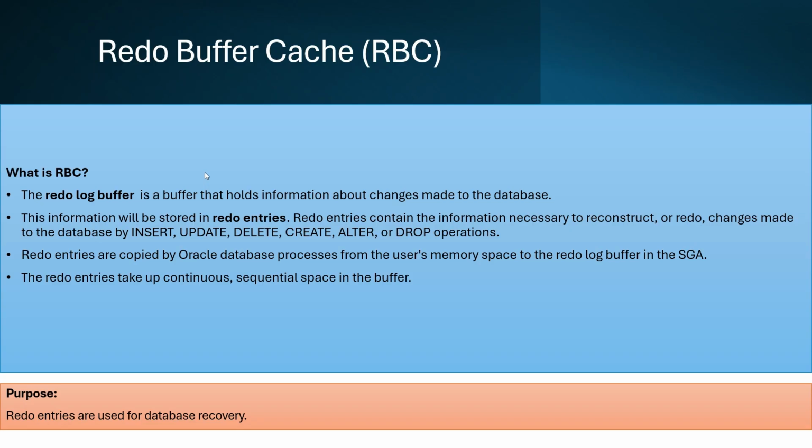So this redo buffer cache will be used at the time of database recovery. Because you will have both, right, the previous one and the current change also. Before the change, after the change, both will be available at the time of database recovery. You can roll forward or roll back with this RBC, redo log buffer cache.